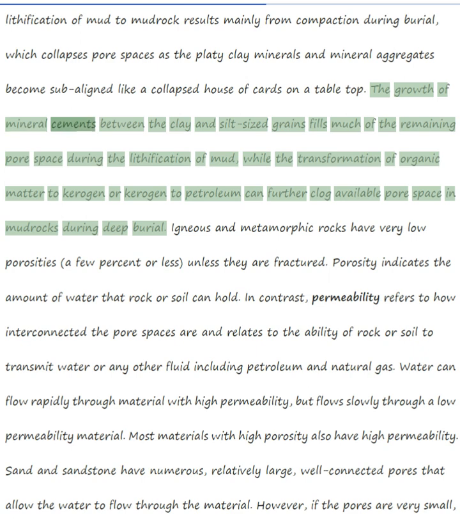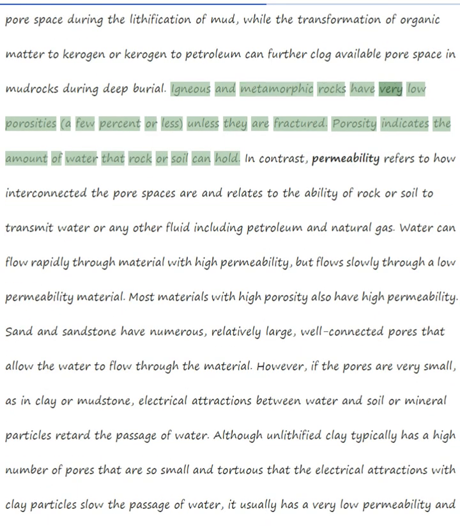The growth of mineral cements between the clay and silt-sized grains fills much of the remaining pore space during the lithification of mud, while the transformation of organic matter to kerogen or kerogen to petroleum can further clog available pore space in mudrocks during deep burial. Igneous and metamorphic rocks have very low porosities unless they are fractured.